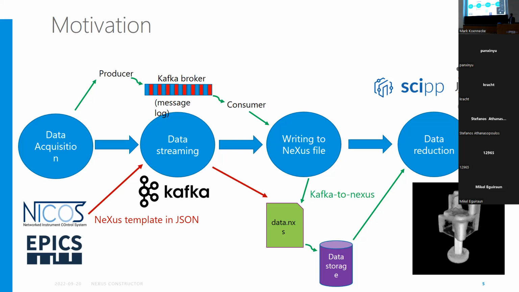The file writer will listen to the sync broker and topic, retrieve the structure, and generate a file based on that JSON configuration. To generate these Nexus templates in JSON, we decided to develop a tool called the Nexus Constructor.